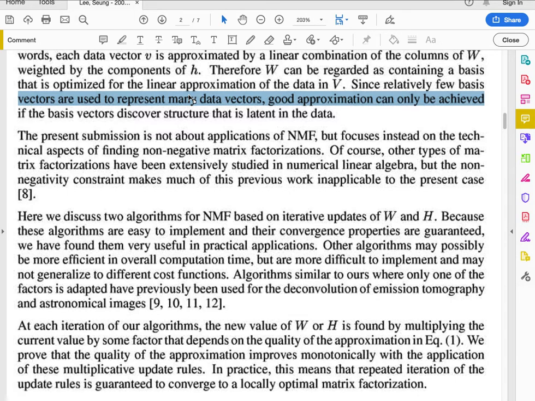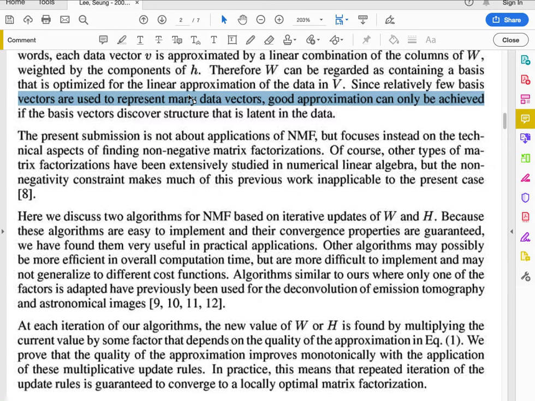It should be able to discover some structure. Why? Because if you discover the structure, then you can simplify your representation so much, right? If you're just doing arbitrary representations, it will take more space, like you cannot compress the data. But if you're able to find some structure in the data, then you can immediately compress it.